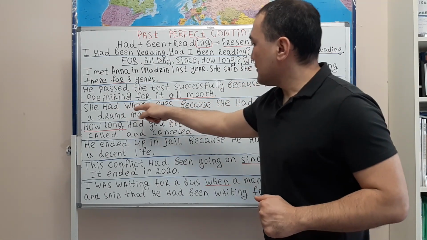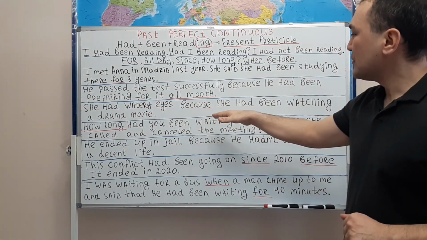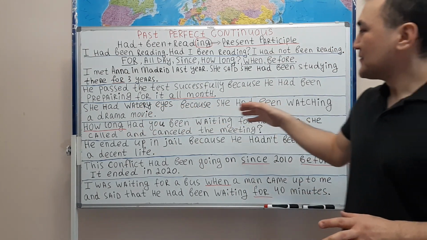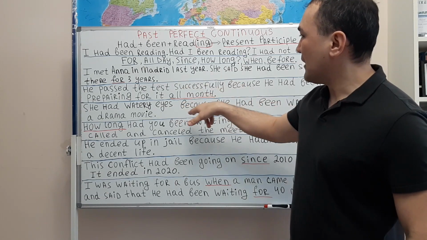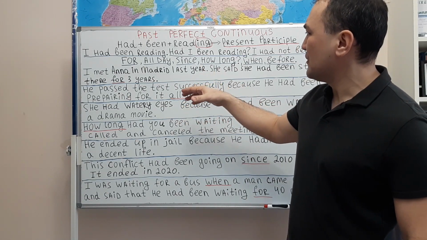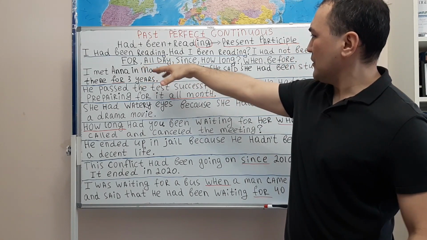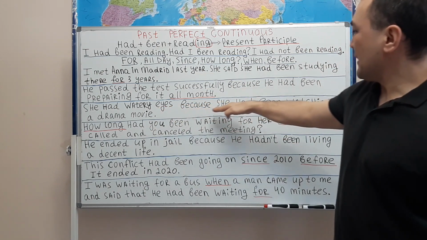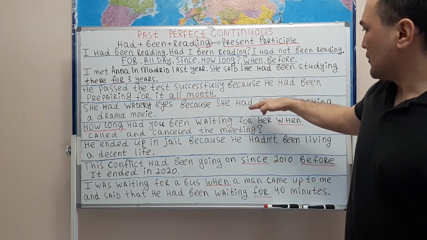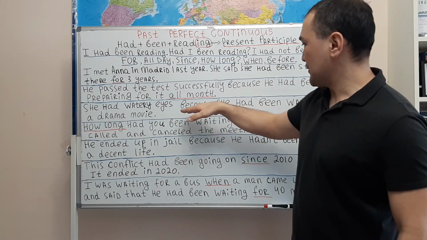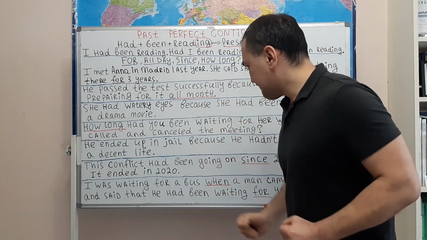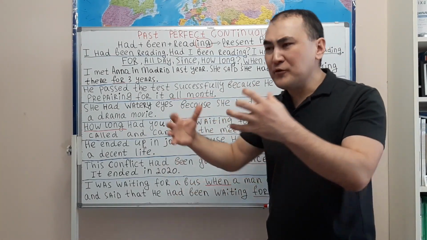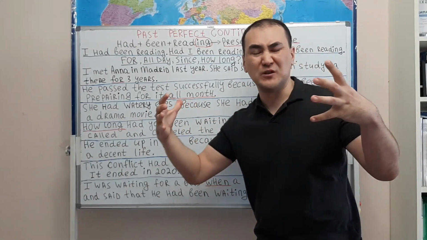She had watery eyes because she had been watching a drama movie. So, do you see that there are no time words and expressions here? Sometimes we do not want to say how long the action had been going on, or show the duration of time.